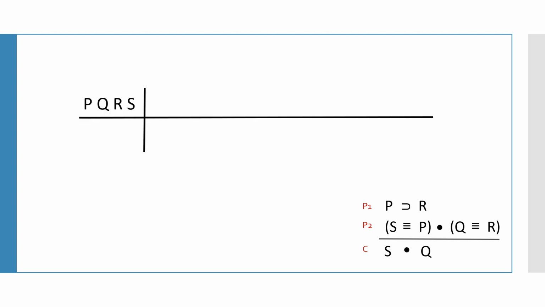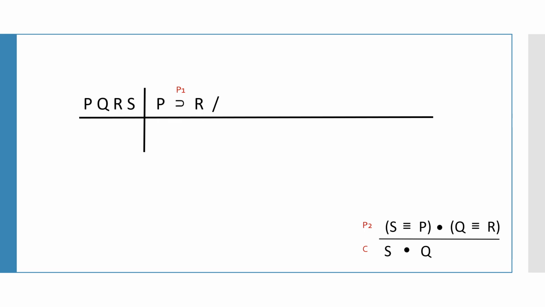Well, we have four different terms, P, Q, R, and S. So we want to set these up on our truth table on the left-hand side in order so we know each of the simple terms that we need to assign a truth value to. And then we just need to start laying out the argument in order, both premises and the conclusion. First premise, if P then R. Notice our main operator is, of course, the conditional statement.